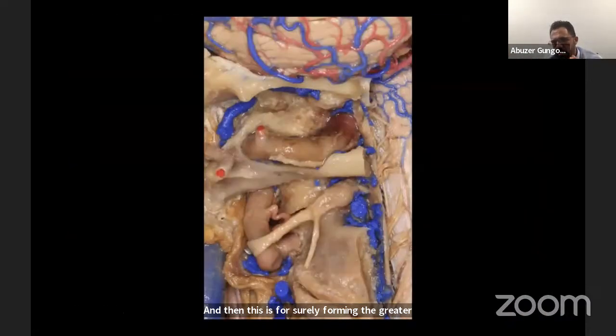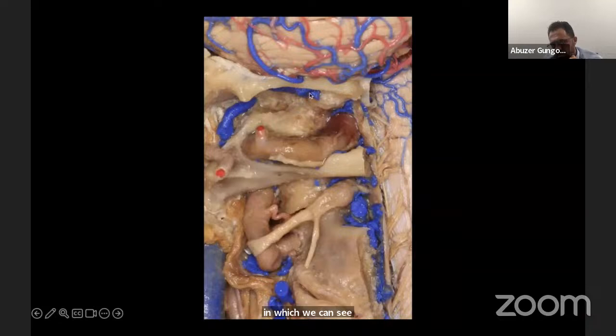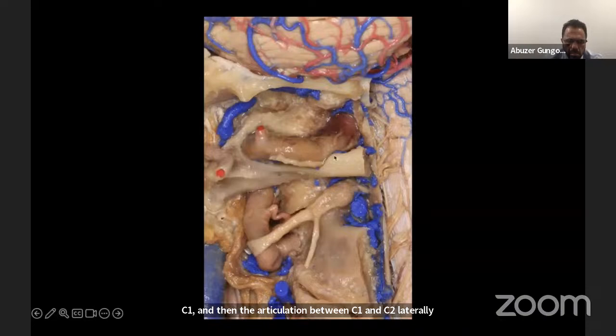This is a closer view of the occipito-cervical junction, in which we can see the junction here between the condyle, the occipital condyle, and C1, and then the articulation between C1 and C2 laterally, and the relationship of these with the vertebral artery.